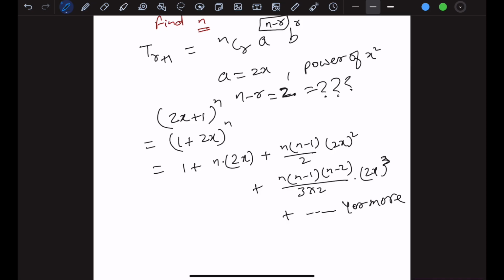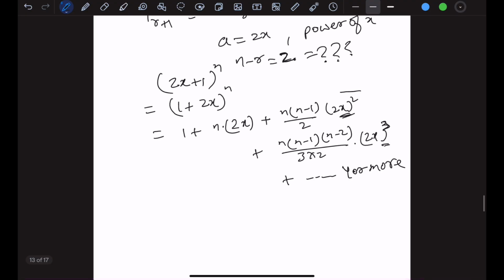We are not interested in 4 or more, nor even in x to the power 3. What we are interested in is x square. So let's rewrite it below. We have n into (n minus 1) into n minus 2.